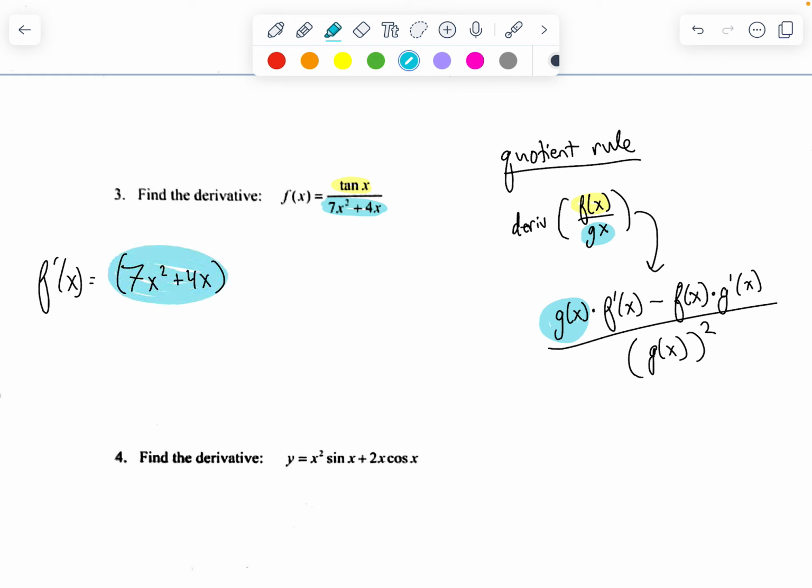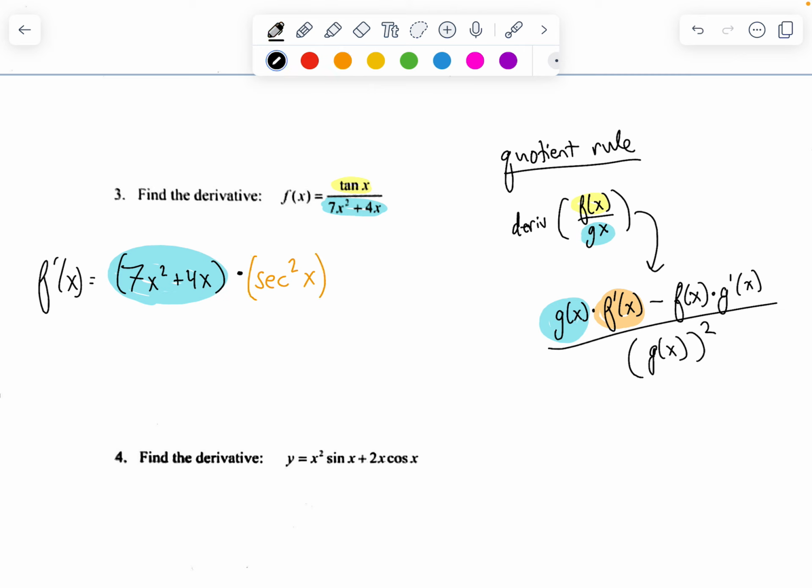Then we're going to times that by the derivative of f. The derivative of tan, we know, is secant squared x. Boom. There's the first part.